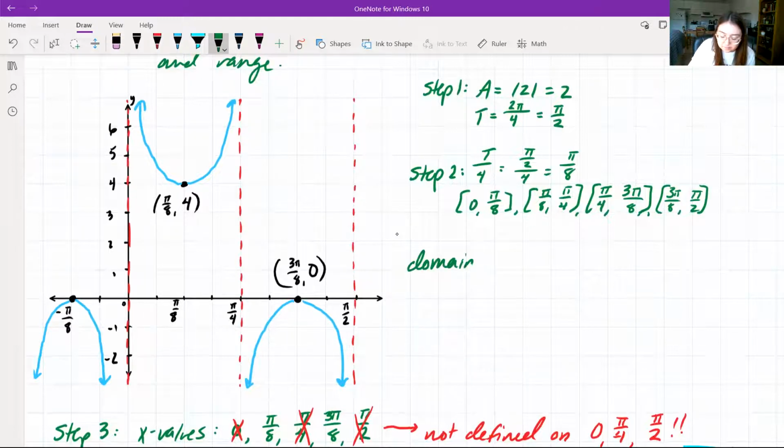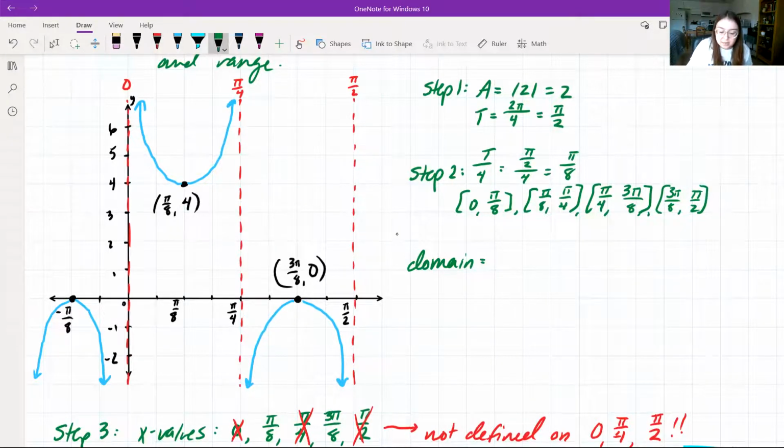So our domain is going to need to be in set builder notation once again. We see that our domain can't be defined at our integer multiples of pi over 4.